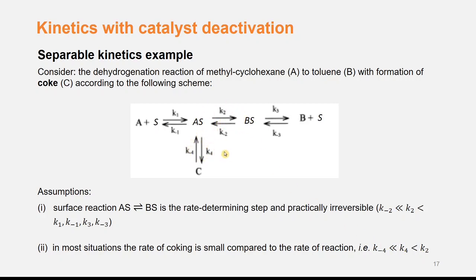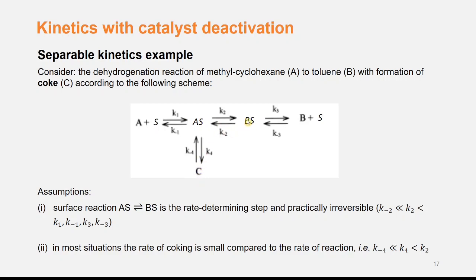Also, coking is usually not easily reversed. So K negative 4 is significantly smaller than K4. So overall, this means that most of the AS goes to BS and only a small proportion goes to C.